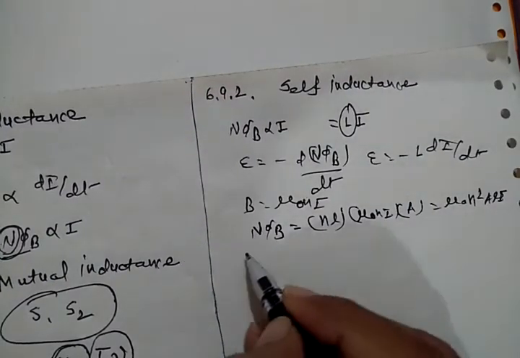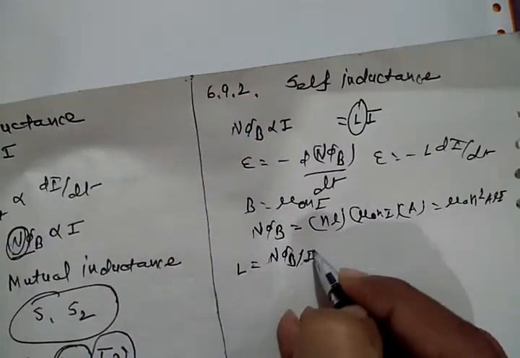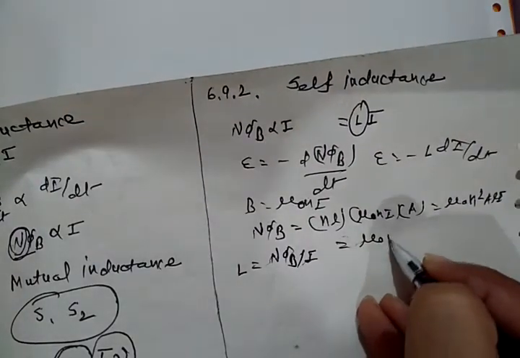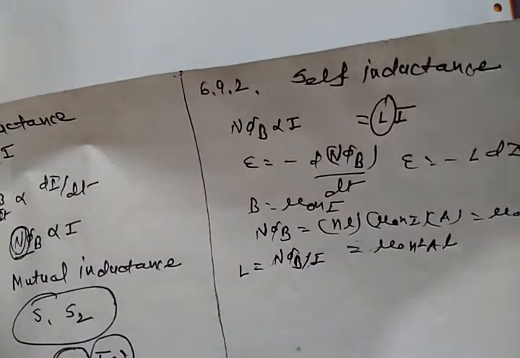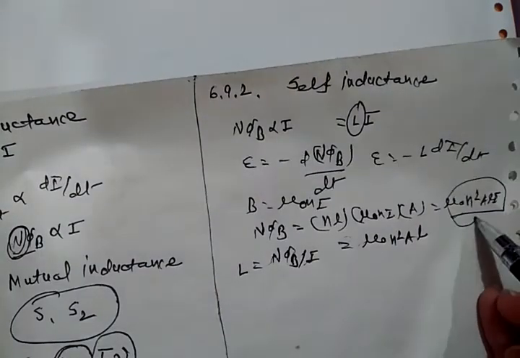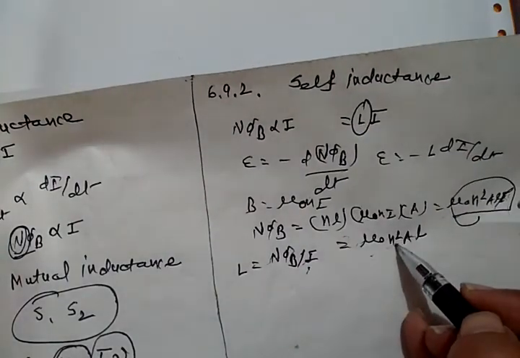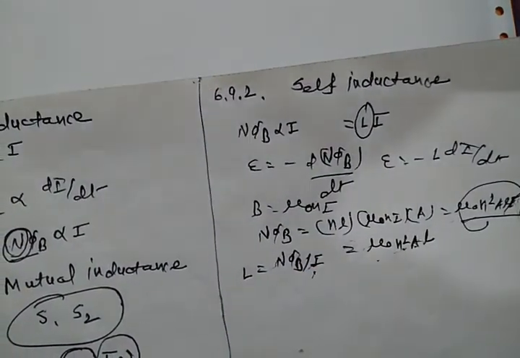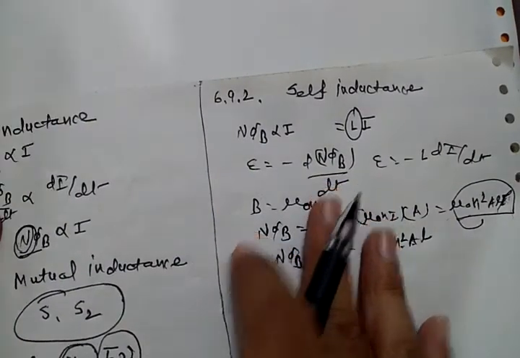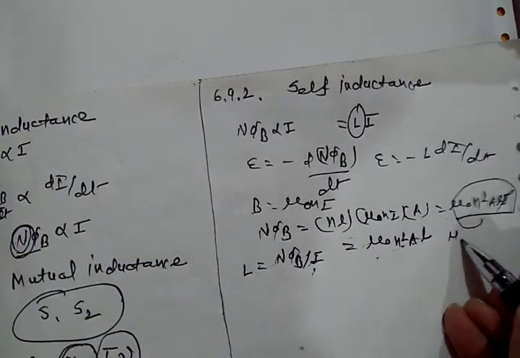The self inductance of the solenoid L is equal to N phi B upon I, so it is equal to mu 0 n square A l, because we know that N phi B is equal to this expression, divided by I. Now next, we fill the inside of the solenoid with a material of relative permeability mu r.